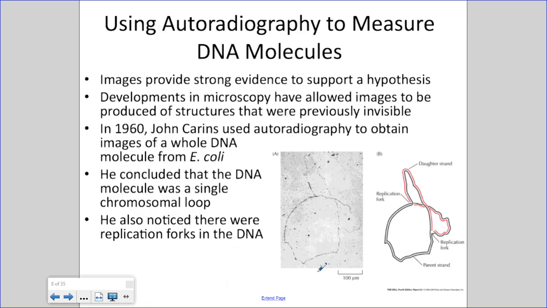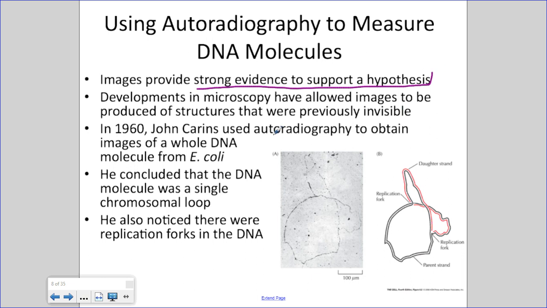Now, to measure DNA molecules, there is a process called autoradiography, used to investigate the shape and even size of DNA molecules. The images created provide strong evidence that helps support a hypothesis.